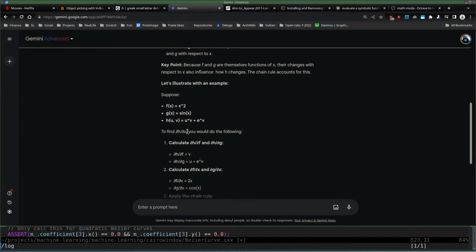And then it's going to calculate what? I think it got confused. Maybe it meant the f and g here instead of u and v. But then we get this. Let's see, f, it's f and g. So f is u. The h, the u. Yeah, that is v. And then this is the h, the v, which is u plus e to the power of v. Yeah, I just got confused.